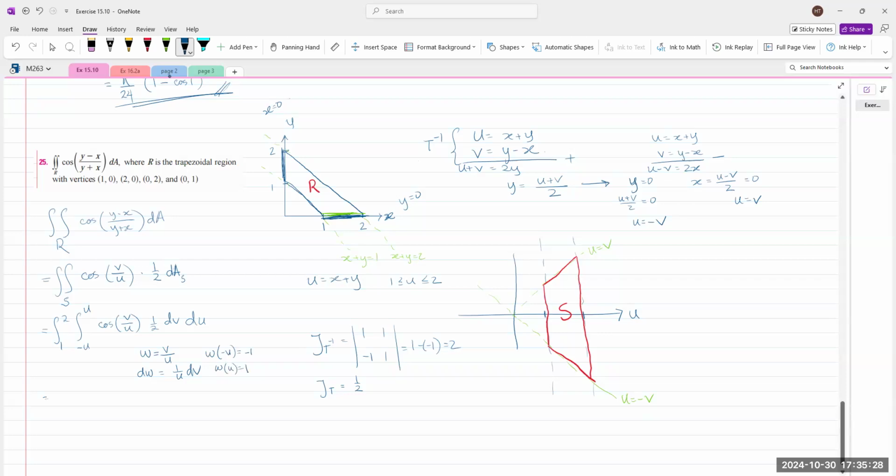So now the integration becomes the integral from 1 to 2, integral from negative 1 to 1, of cosine w times 1/2 times dv, which becomes u dw du.